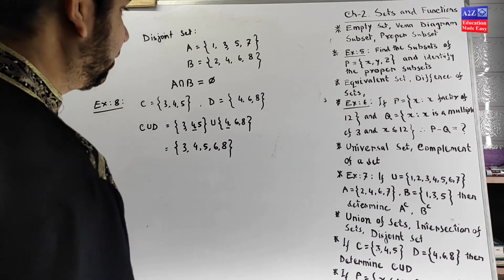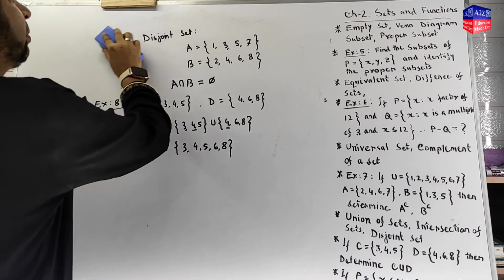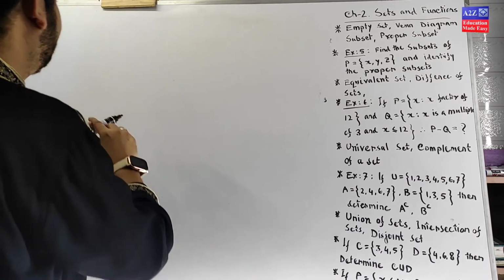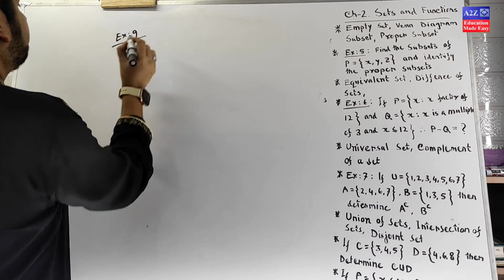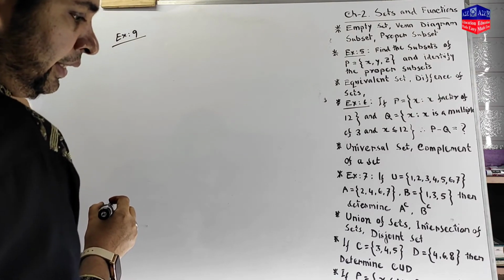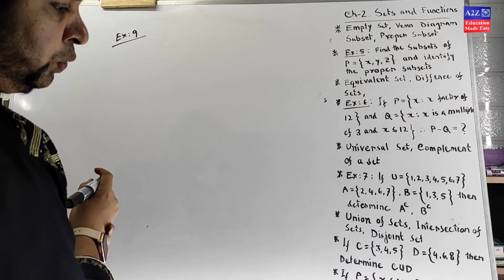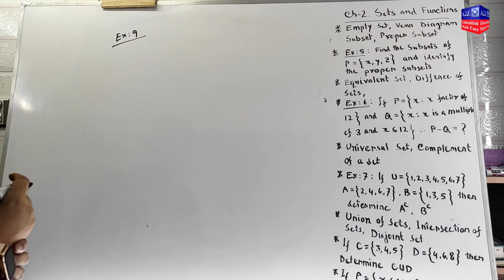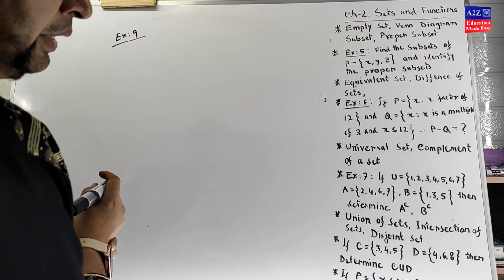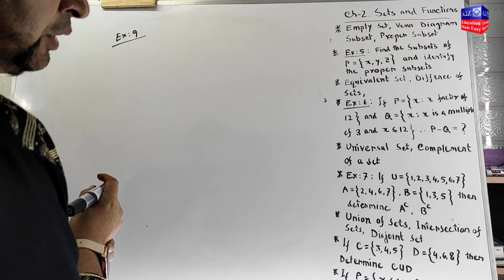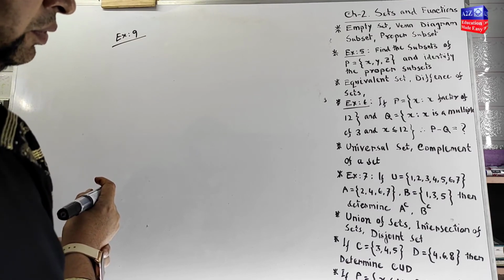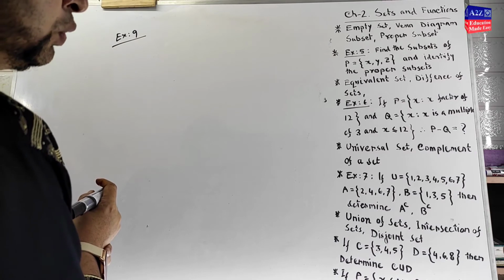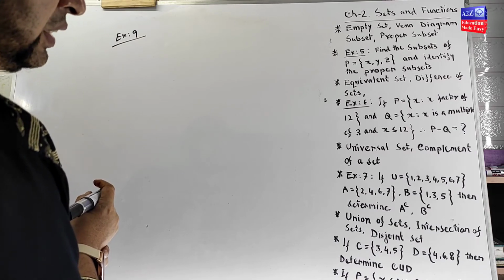Now I would like to solve example problem number 9. If P is a set of elements x, where x belongs to natural numbers, such that x is greater than 2 and less than or equal to 6.